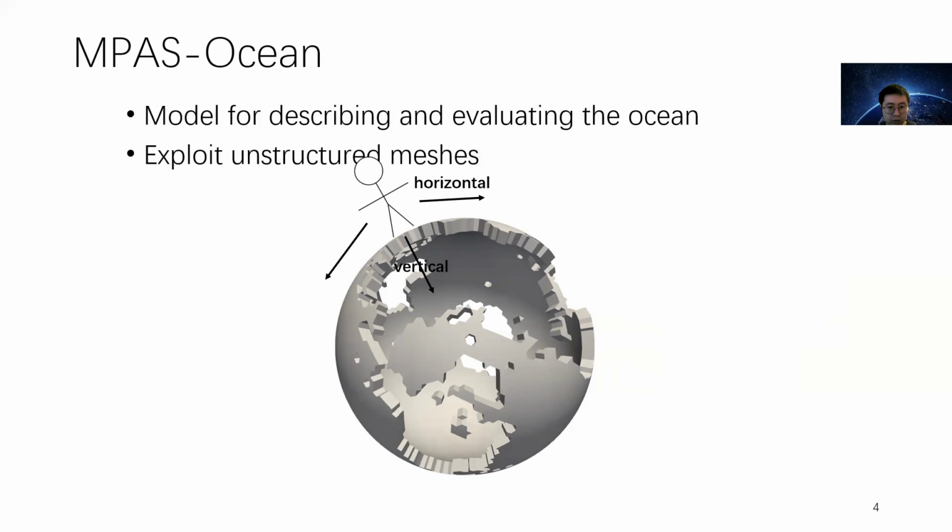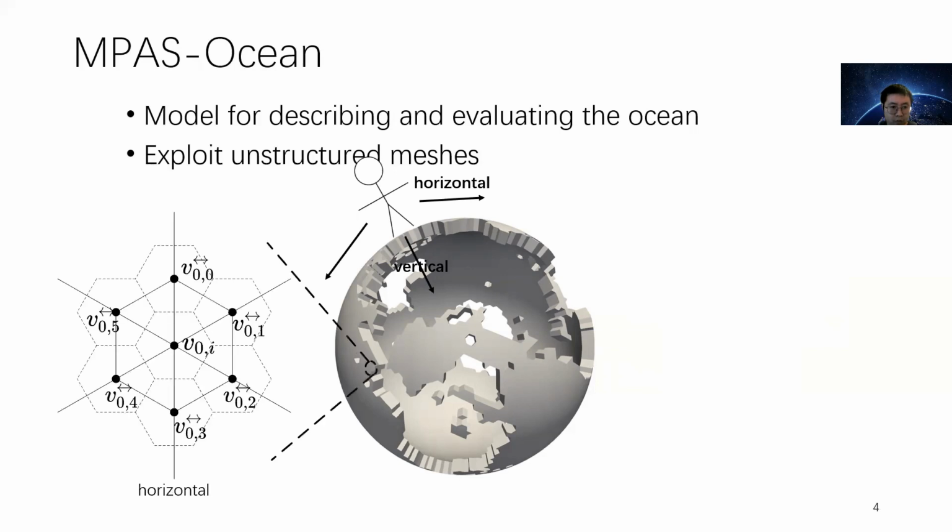In the MPAS-Ocean model, the oceans are divided both horizontally and vertically by oceanographers. The horizontal grids depend on Voronoi tessellations, and some variables of interest, such as temperature, are stored at Voronoi polygon cell centers.